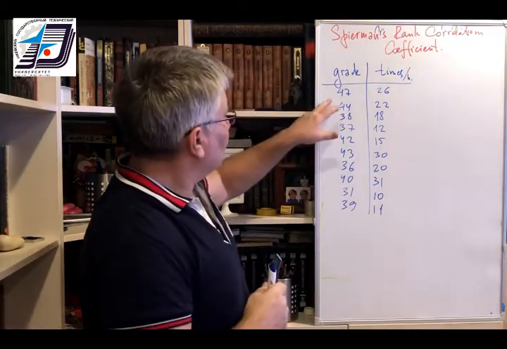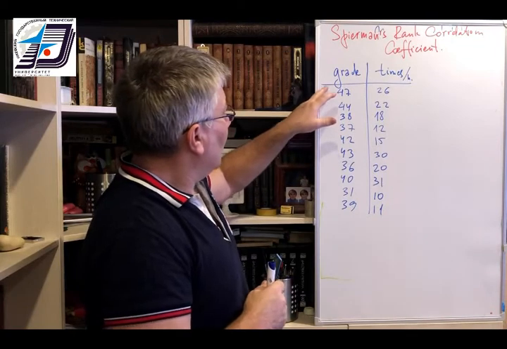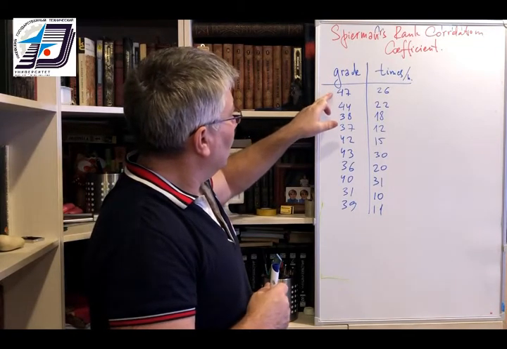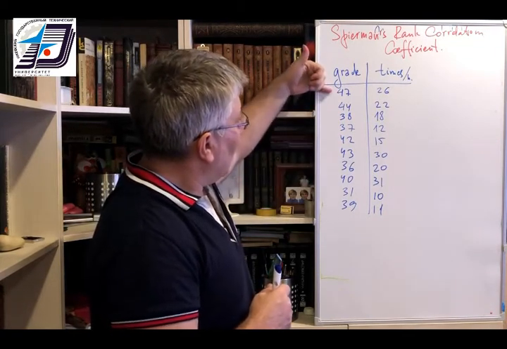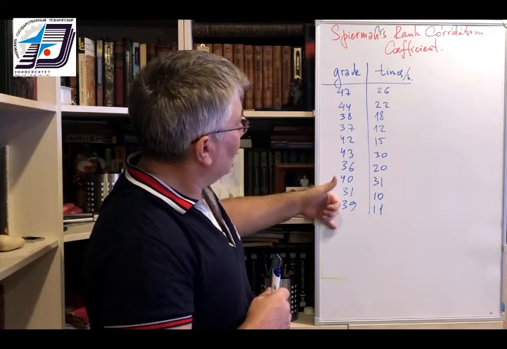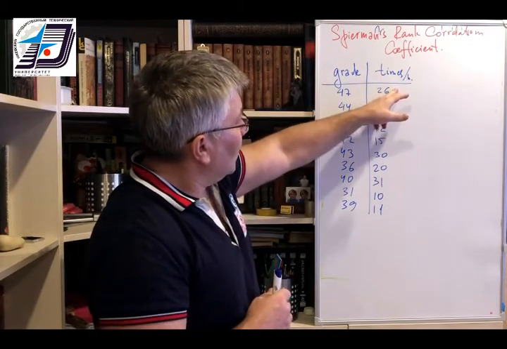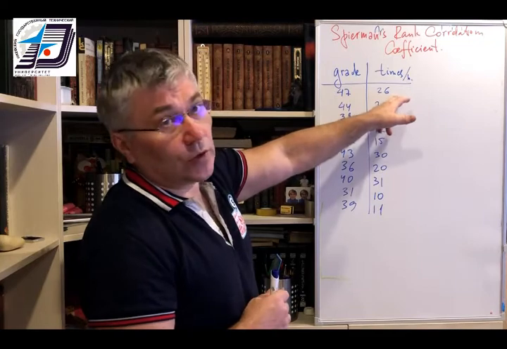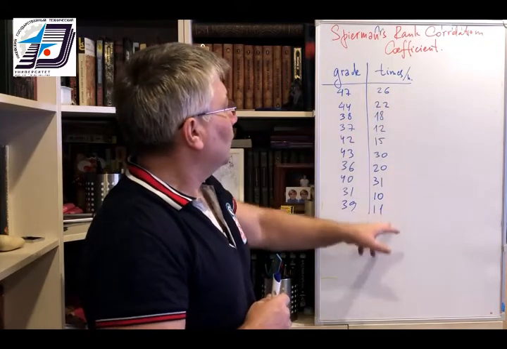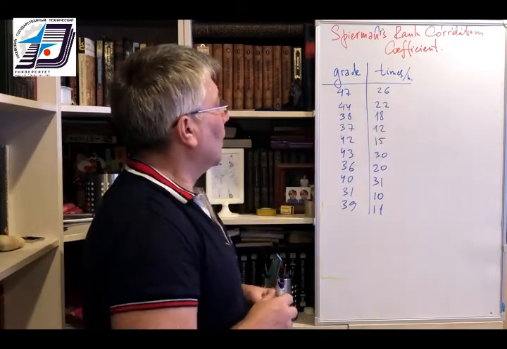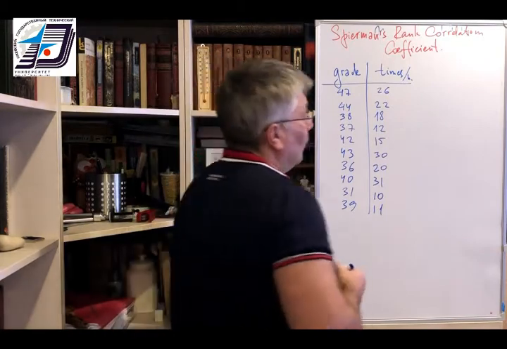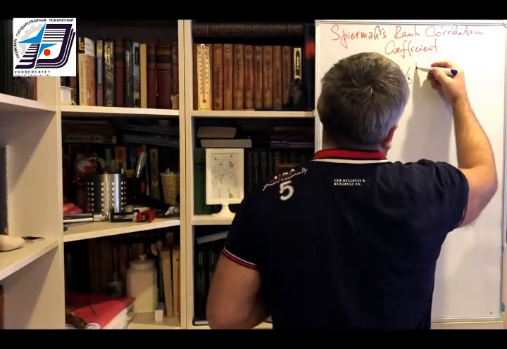So the students have the grades. I filled one column with them, and the time which they spend on training I filled in the second column. And what do I have to do? I have to rank them.